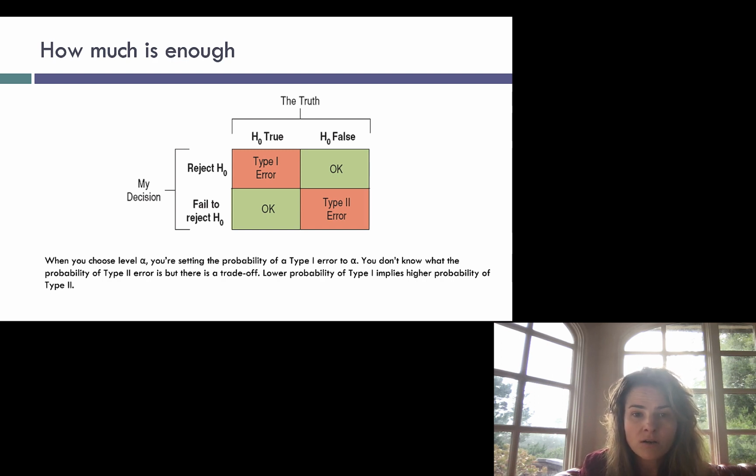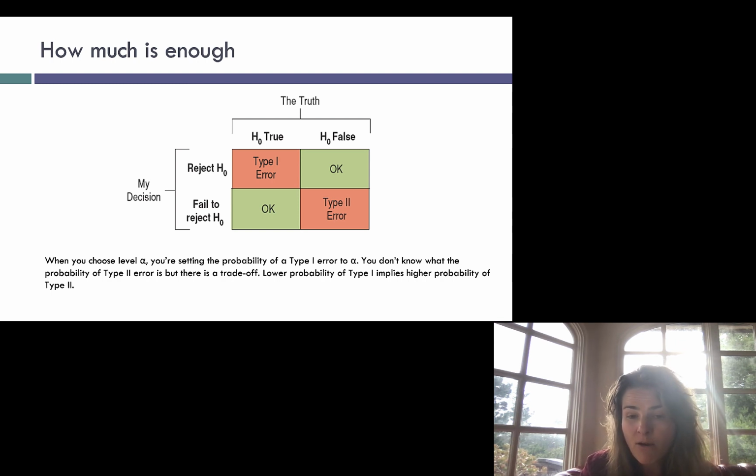We call rejecting our null hypothesis falsely a type 1 error. So our null hypothesis was actually true, something we can't completely know, but we reject it. That can happen. We expect it to happen. If we set a significance level of 10%, we expect that to happen 10% of the time, that we'd get a type 1 error. We expect to get a type 1 error 5% of the time if we set alpha at 5.